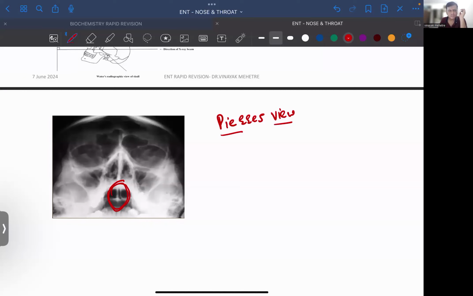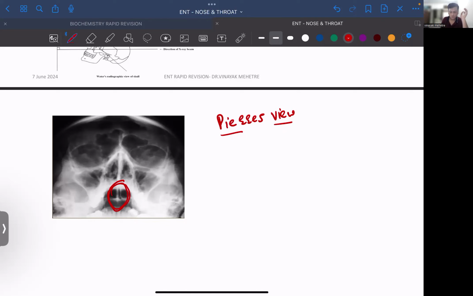The reason being, we are going to see the sphenoidal sinus in this view. If you know the shape of the sphenoid bone, there is a straight line which goes down from the sphenoid bone. As soon as we open the mouth, we are going to see that straight line on the X-ray.